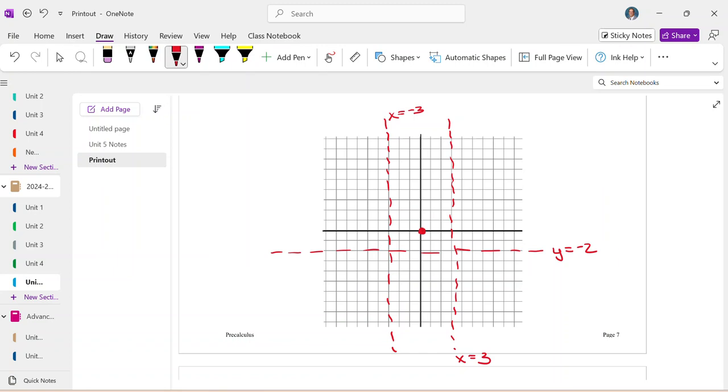So we know a point here. However, we don't know a point to the left of -3, and we don't have a point to the right of 3. So what you want to do is put in -4, because that's the next one over.